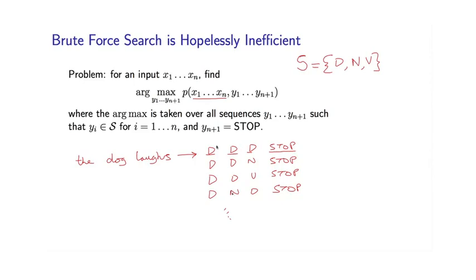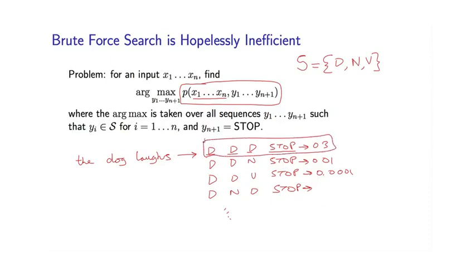For each tag sequence, evaluate the value for P. So for example, we might find that this is 0.3, this is 0.01, this is 0.0001, and so on. I'm just making these numbers up. So we could just simply list all these possible tag sequences, apply the model, to calculate these probabilities, and then return the highest one. Say this one for the sake of example.